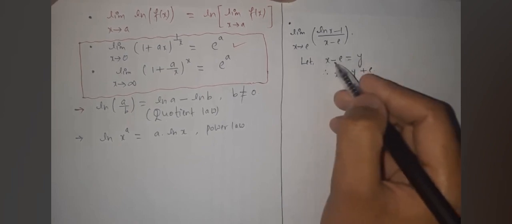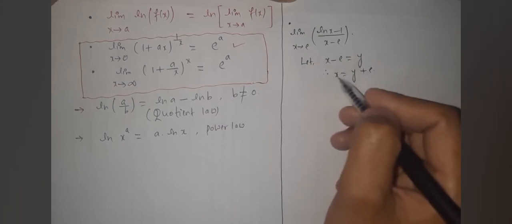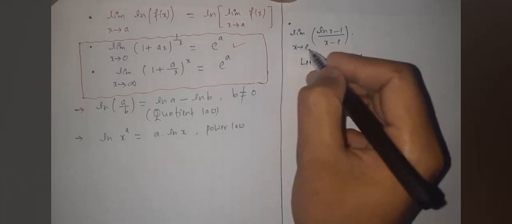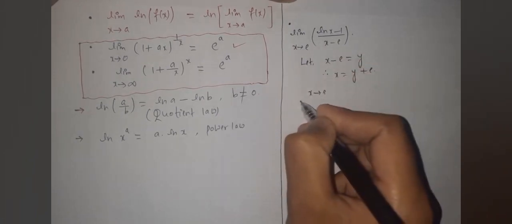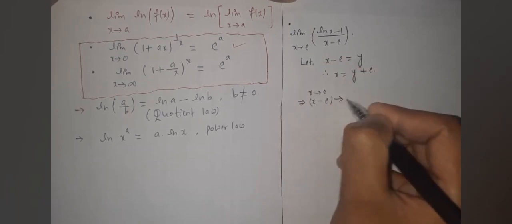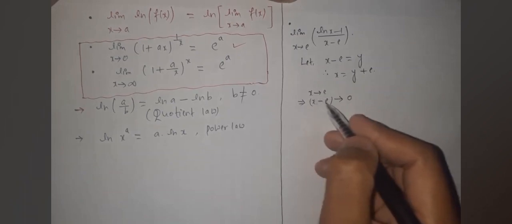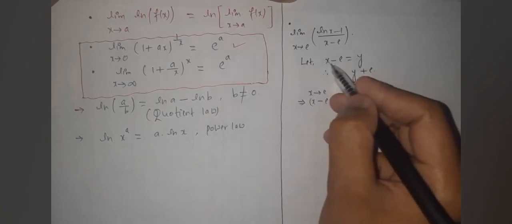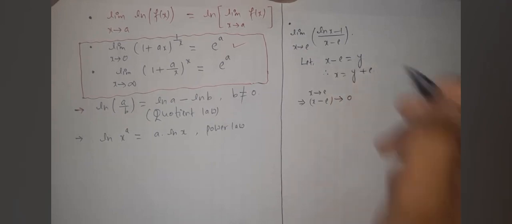Here x approaches e, and this can be written as x minus e approaches 0. When x minus e approaches 0, then y also approaches 0.